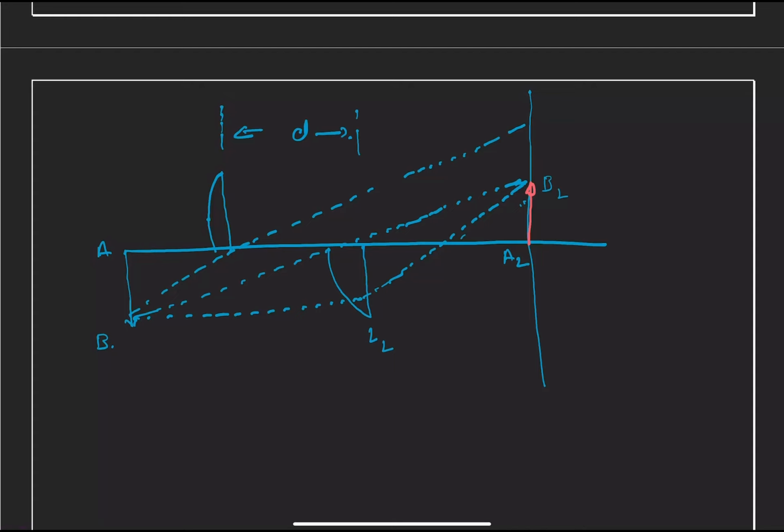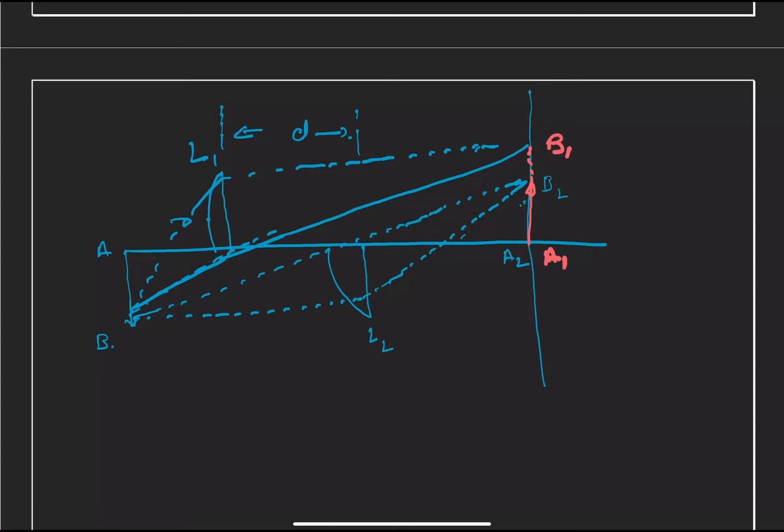Similarly we can draw for our lens L1 also. It will go something like this, a straight line, coinciding at this point. This will be our lens L1, and it will form an image, A1 and B1. A1 B1 will be overlapping each other.